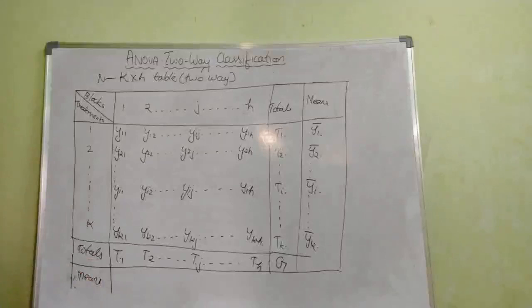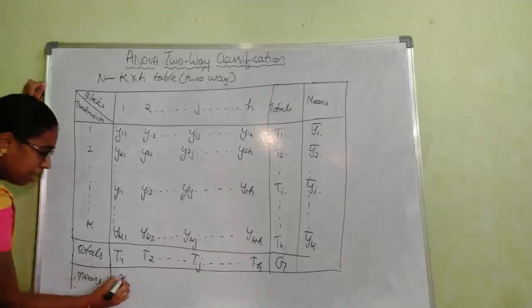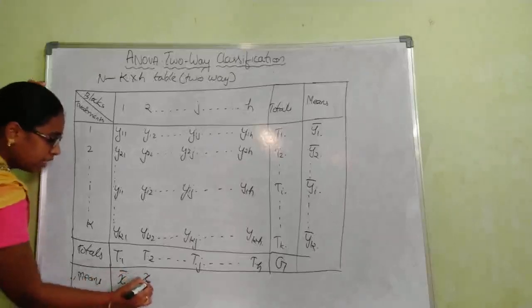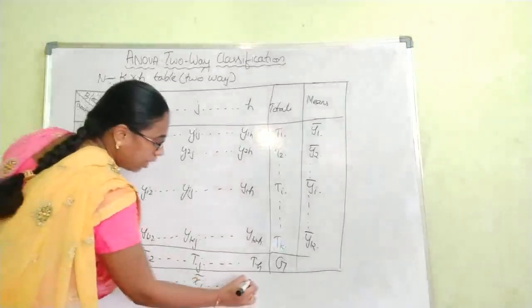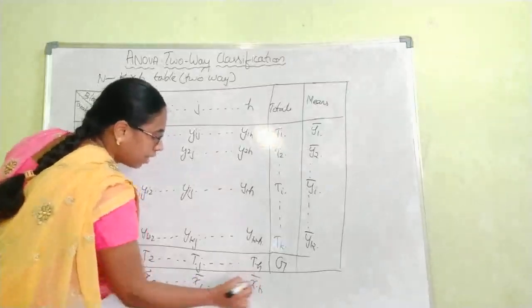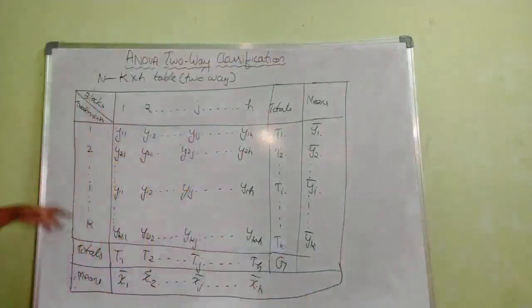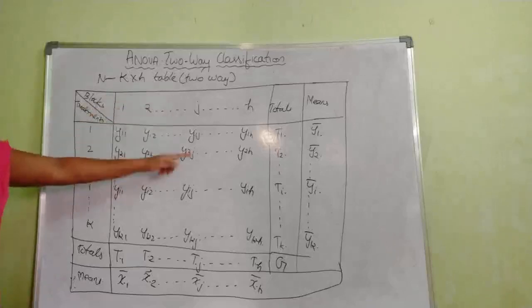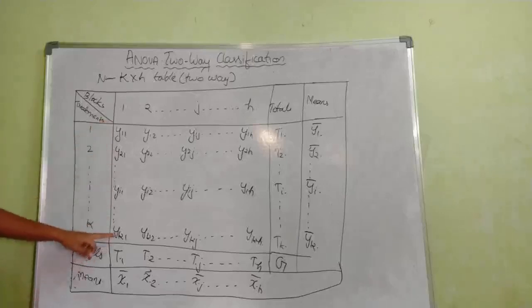First block mean is y dot 1 bar, second one is y dot 2 bar, so on y dot j bar, so on y dot h bar. So these are the means of the different H blocks. In this way we are going to divide the n number of observations into H blocks, where in each block you have total K values, or the K treatments are applied. So copy this table.